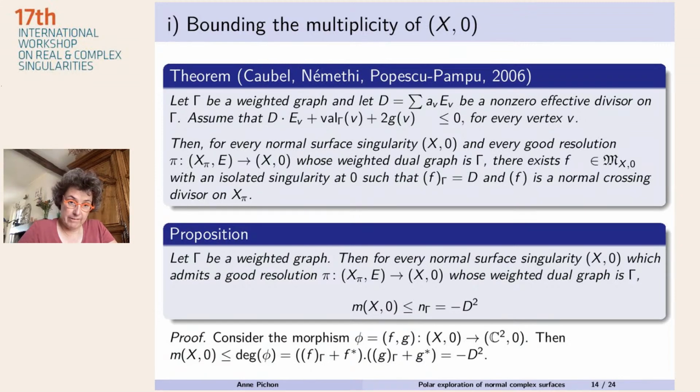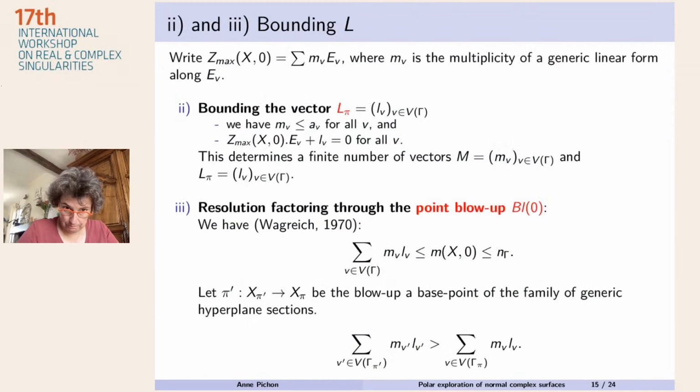So now we have bounded the multiplicity by a topological bound. Okay, so now what I want to do is to explain how to bound the vector L. And for this, you consider the divisor Zmax, which is the sum of MV EV, where MV is the multiplicity of a generic linear form along EV.